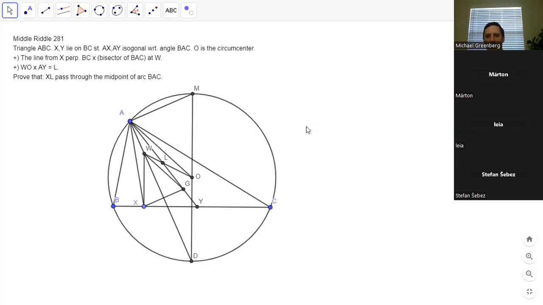Let's see. Since DWG equals DAO equals DWX. So yeah, I understand it. So this is an angle bisector. Then XAW is GAW. AW equals AW. Okay. So these two triangles, I understand that this is the angle bisector.